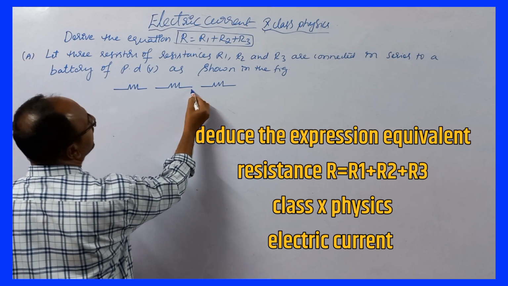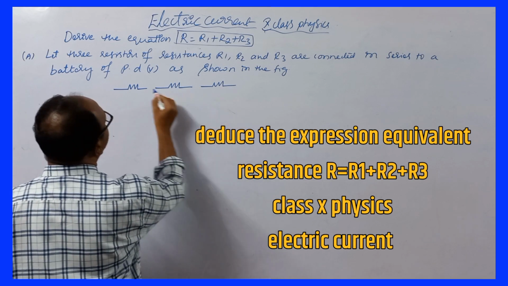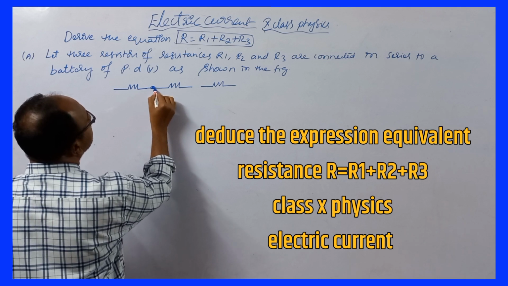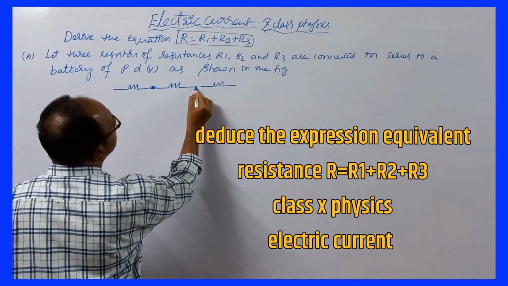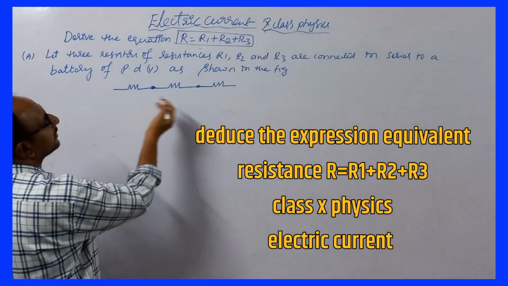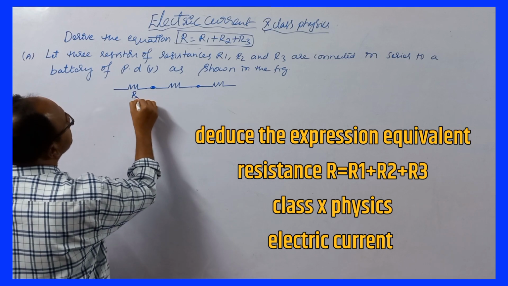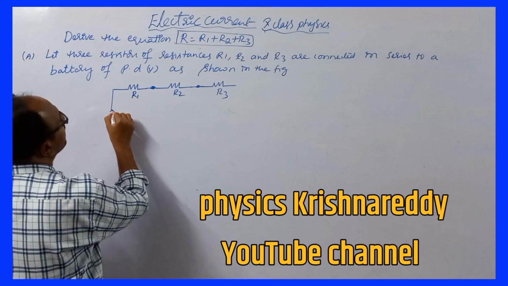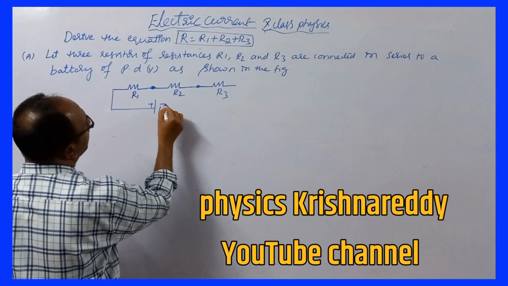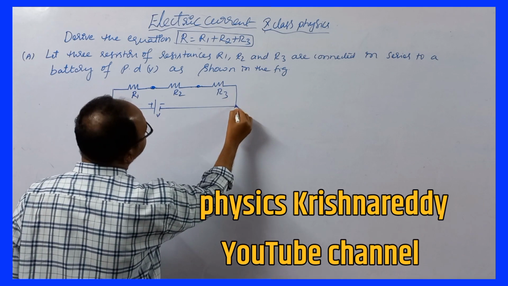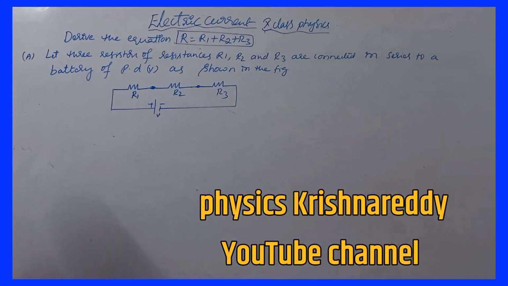The second end of the first resistor is connected to the first end of the second one, and the second end of the second one is connected to the first end of the third one. Then they are said to be in series. Their resistances are R1, R2, R3, and these are connected to a battery of potential difference V. This is the circuit, students. We must draw this.